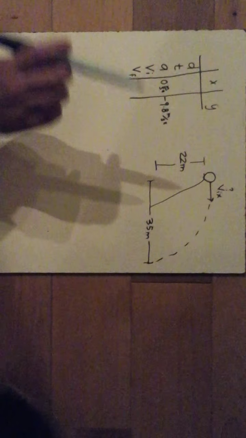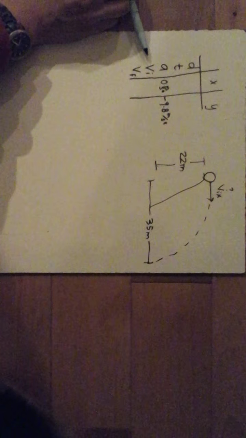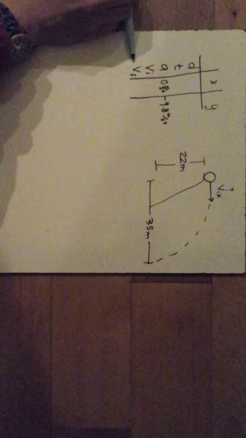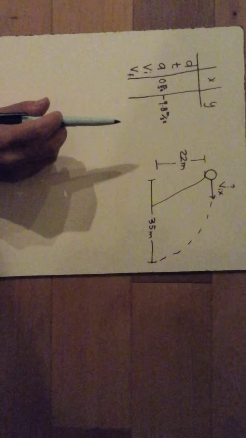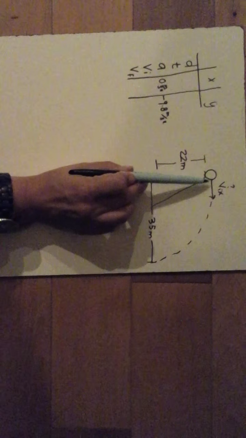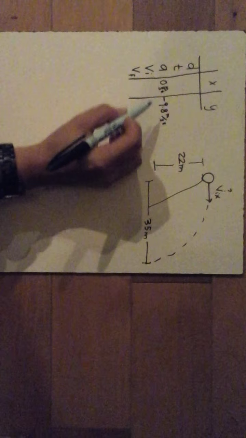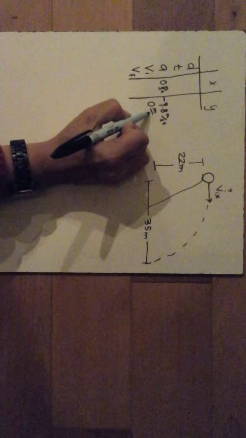Later on in the problem, because we know that both of these things are true, we also know that whatever we find to be our initial velocity will be the same as final in the x direction, since our acceleration is 0. One more thing that I can fill in is that because this is a horizontal projectile, meaning that none of the initial velocity is in the vertical direction, my initial velocity for y is going to be 0 meters per second.